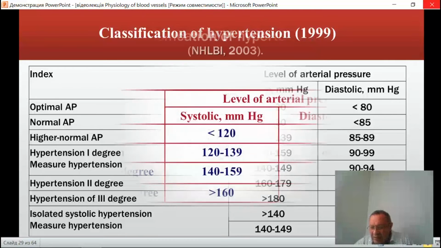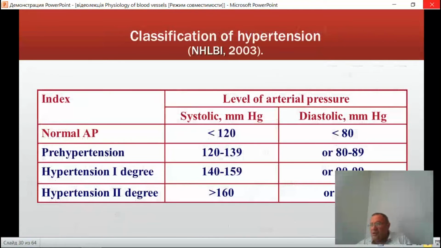The second slide shows information about the American classification in 2003. Index: normal arterial blood pressure is less than 120 systolic and less than 80 diastolic.